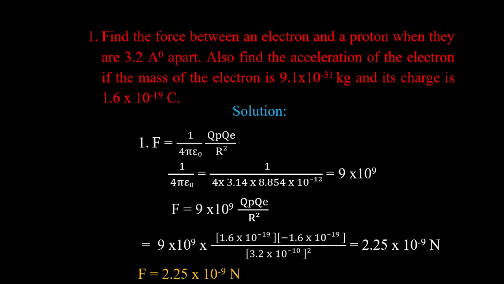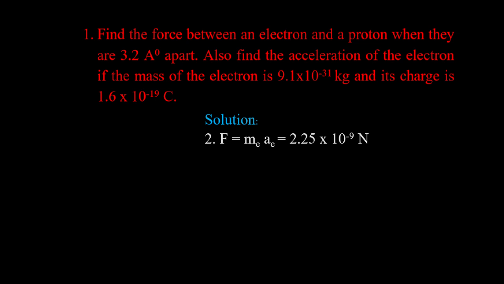Now we move to the second part of the problem. As the electron and proton approach one another, we have to find the acceleration of the electron. The acceleration of the proton is not required. We have already found the force acting on the electron, which is equal to 2.25 into 10 power minus 9 newtons.